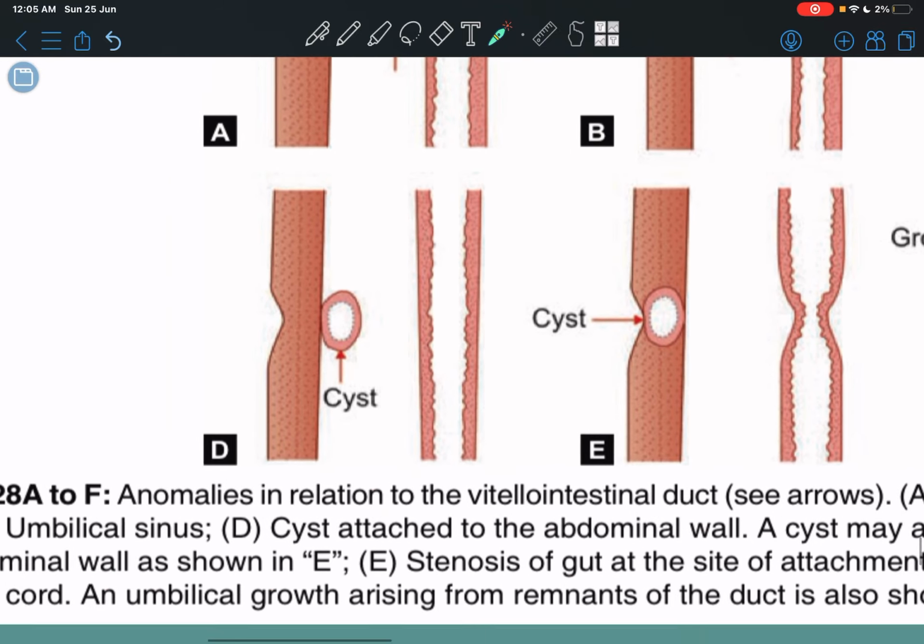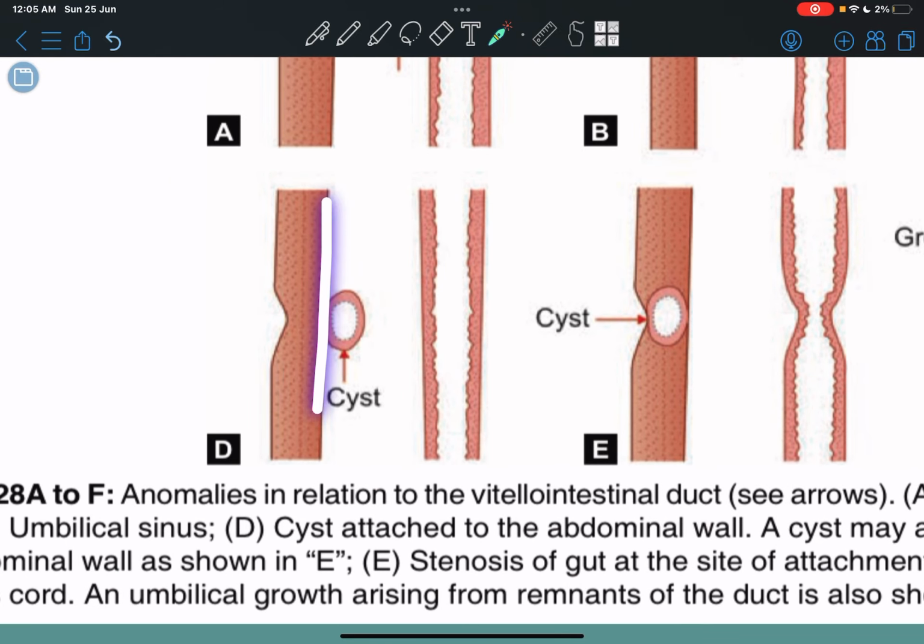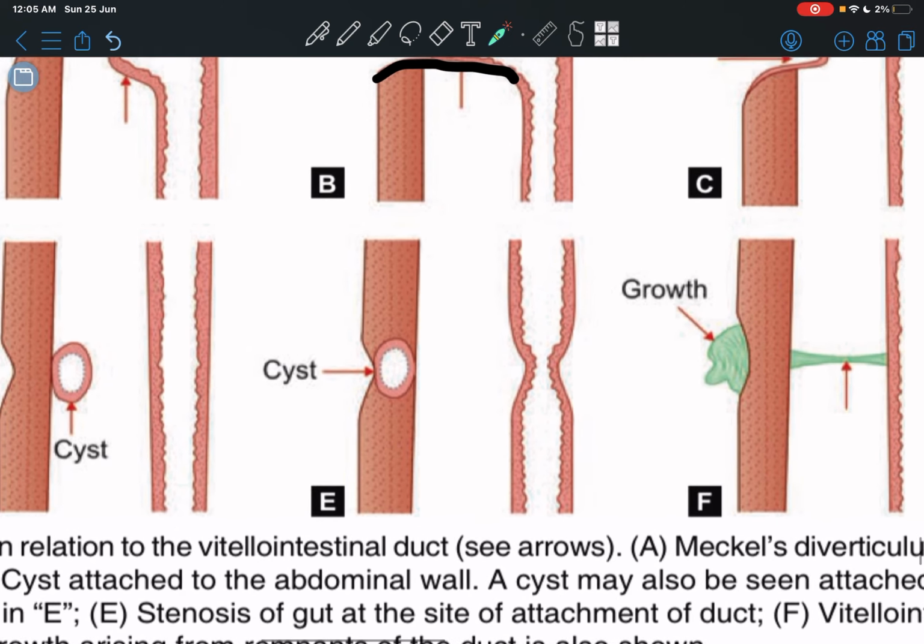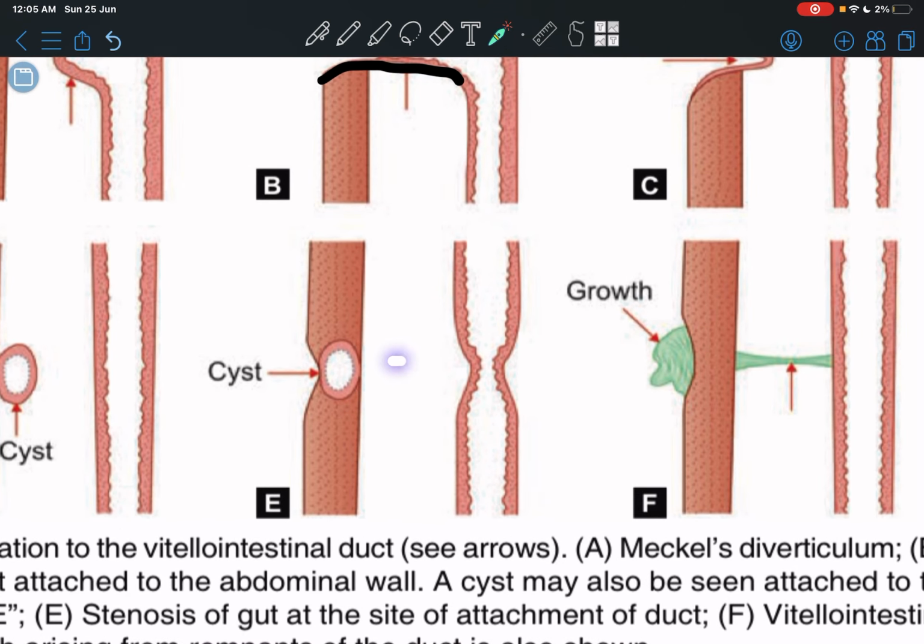Other thing that can happen is a cyst can be formed. The cyst can be near the abdominal wall, or near the intestinal wall, or it can be embedded in the abdominal wall. Different places are possible. Another thing possible is that where the Vitellointestinal duct was attached, it could leave the gut in such a way that there is stenosis of the gut. So that is also seen.